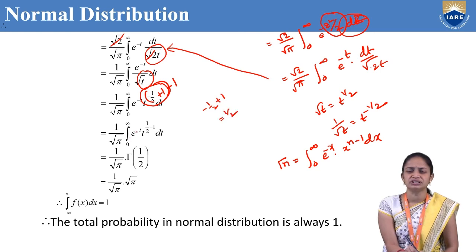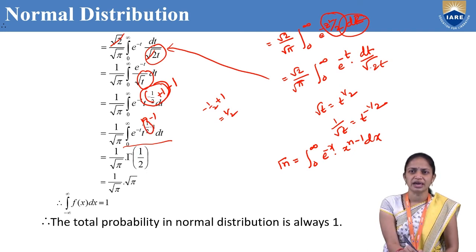So e power minus t into t power 1 by 2 minus 1 into dt, which is in the form of e power minus x into x power n minus 1 dx. That is nothing but gamma n.